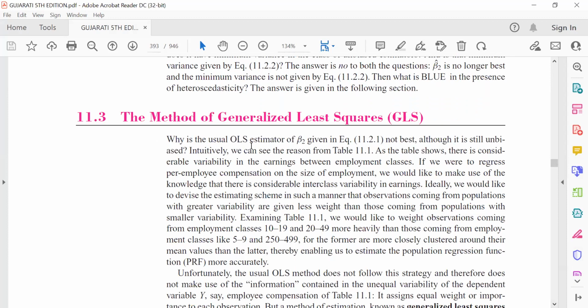Why is the OLS estimator for beta 2 in equation 11.2.1 not best, although it is still unbiased? Because we have bigger variance, so we have bigger standard error. If we have bigger variance, that means our model is not efficient compared to homoskedastic parameters.